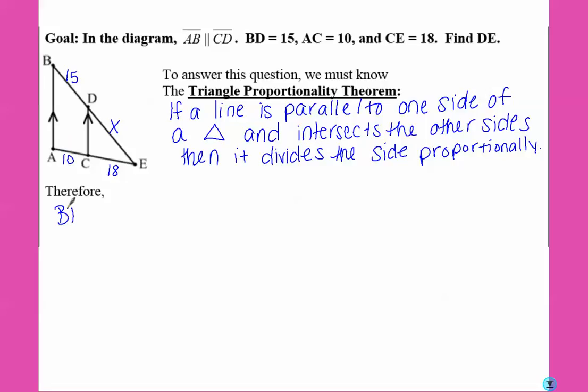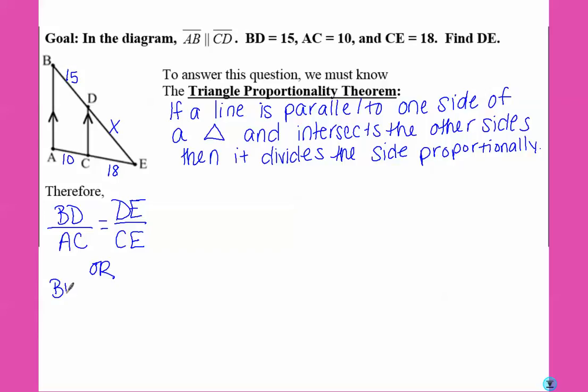So BD over AC would have to equal DE over CE. So top to bottom, top to bottom. Smaller pieces, bigger pieces.